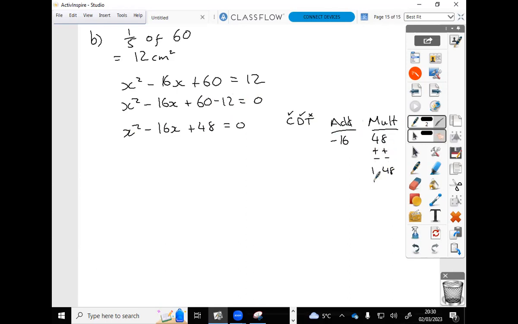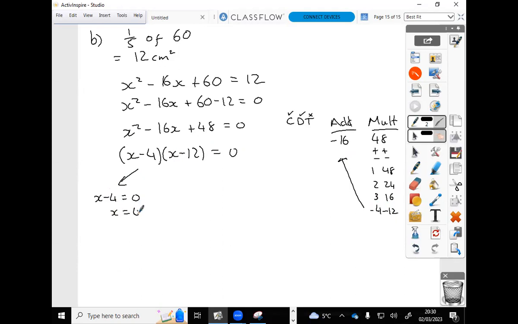It's going to be minus 4, minus 12. My factors are 4 and 12.